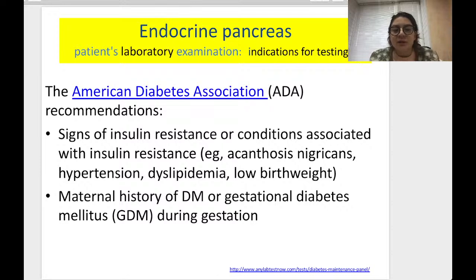Also patients with a maternal history of diabetes mellitus or gestational diabetes mellitus during gestation. If a female notes that during pregnancy she was diagnosed with gestational diabetes, further with age she has a much higher risk of diabetes mellitus type 2. That's why such patients we screen for diabetes 2.